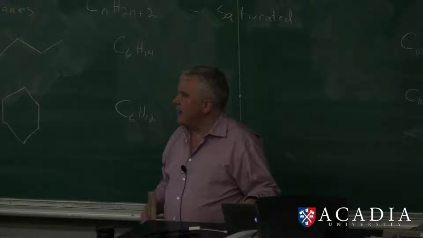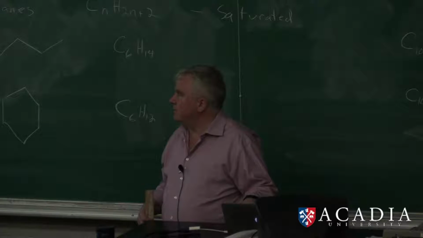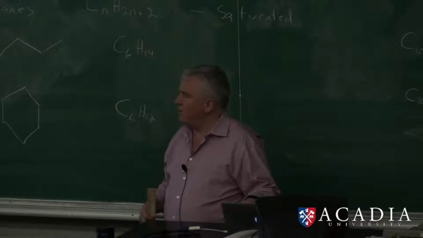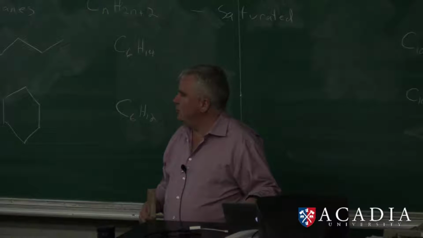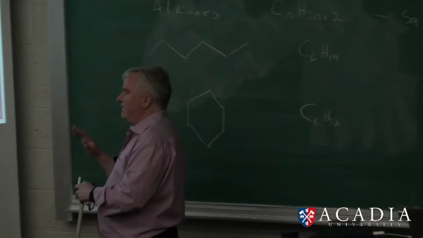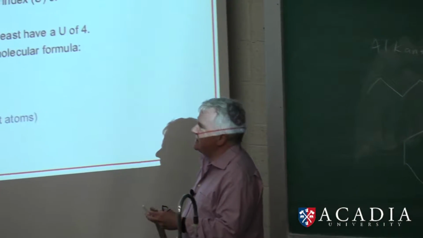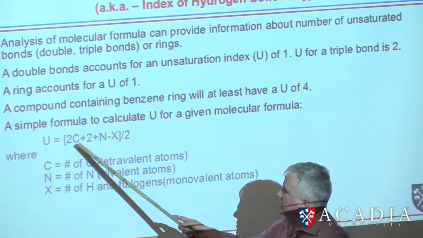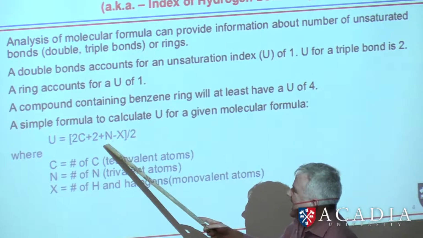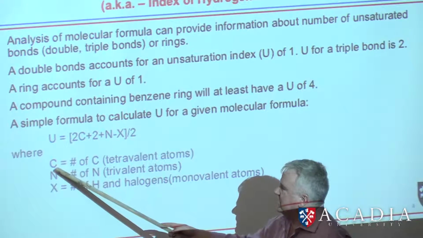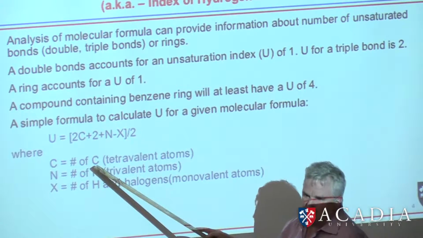A ring accounts for 1. A double bond accounts for 1. Every pi bond counts for 1. So if we have a triple bond, it's 2. And there's a formula you can use. You'll find various forms of this thing, but typically the unsaturation index equals 2C plus 2 plus N minus X, all of that divided by 2, where C is just your number of carbons.